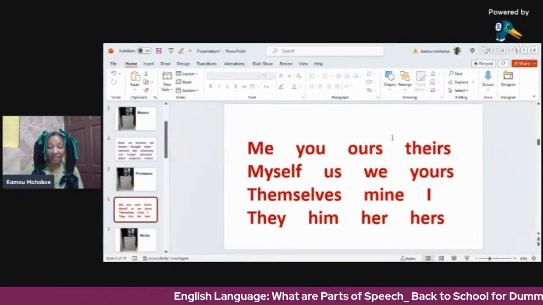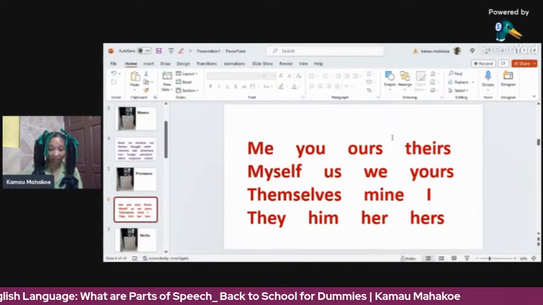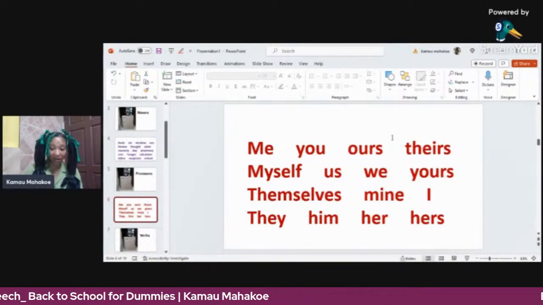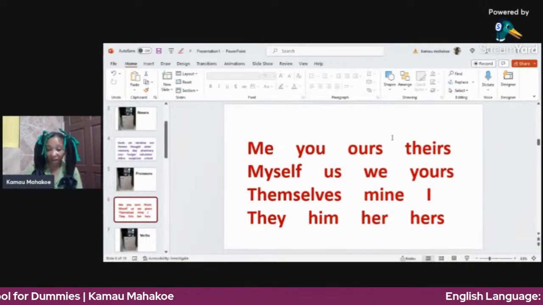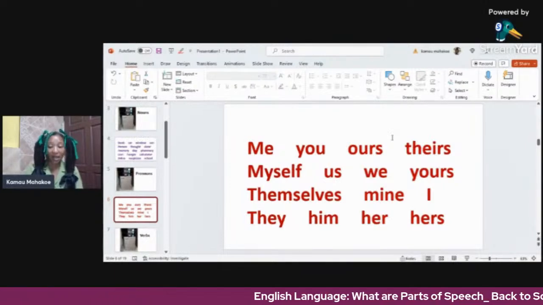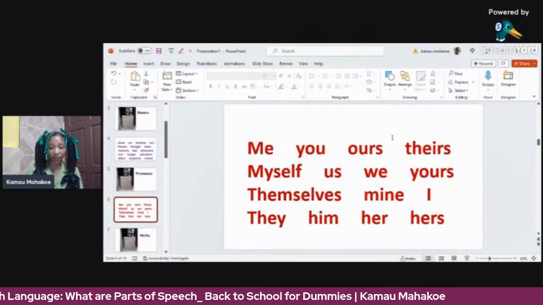So instead of saying, I am going to the supermarket with Marcus, Rebecca, Pansy, Jacob, and a string of other names, you can say, I am going to the supermarket with them, or they are going to the supermarket with me.